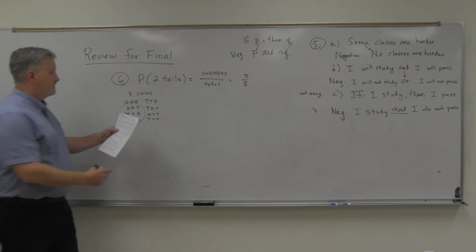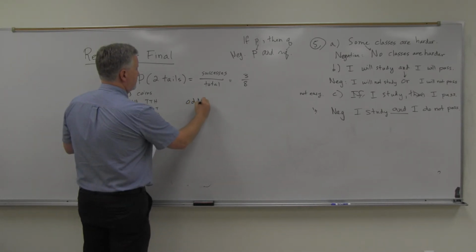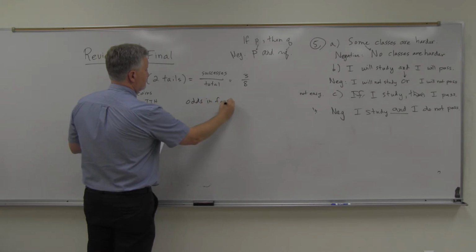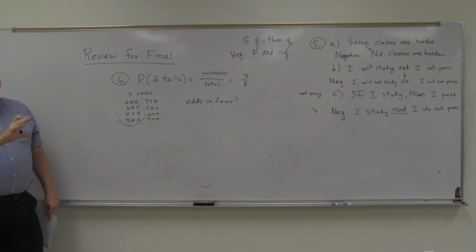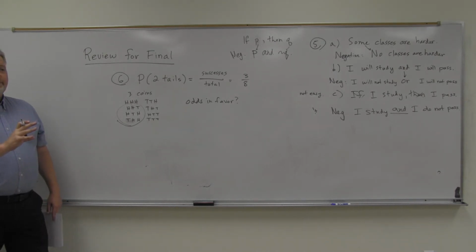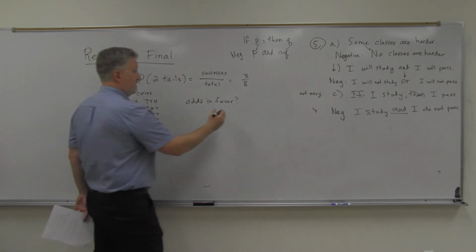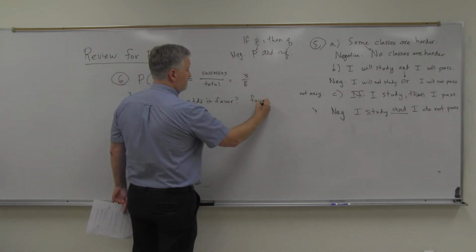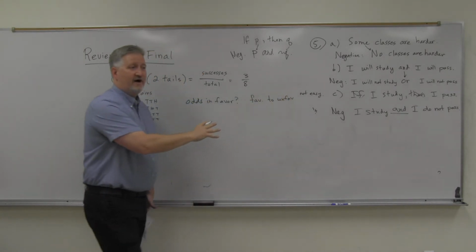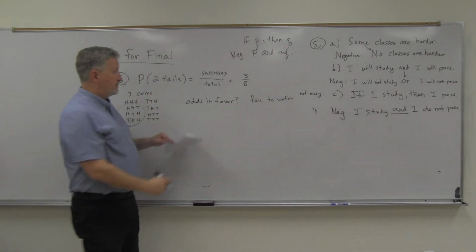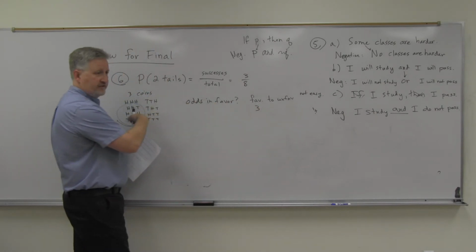Now I also have on that the odds in favor. And remember, odds, they're different. The odds in favor, what you do is, the way we said it was favorable to unfavorable. So you don't use the total on the odds. Okay, so the favorable, you got 3 with exactly 2 tails.